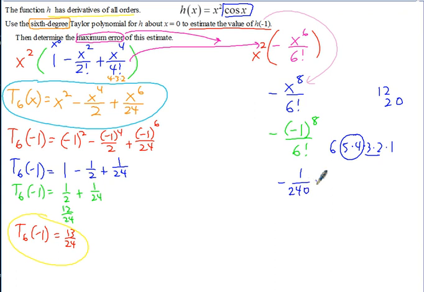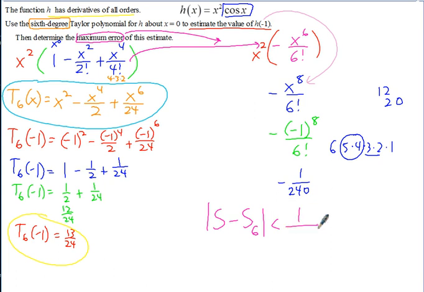Now notice it's negative here, but the error is always considered what it's off by, which is positive, so we drop the sign. When we say that the actual sum using the Taylor series minus the sum using our 6th-degree Taylor polynomial is going to be less than, that's the absolute value. If you leave the negative, there's no way an absolute value can be less than a negative. It doesn't make sense.